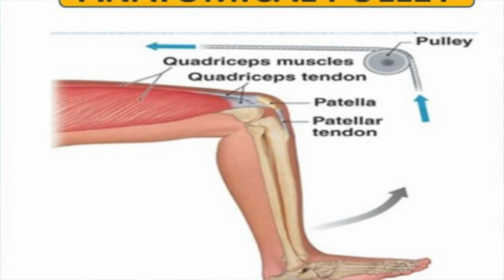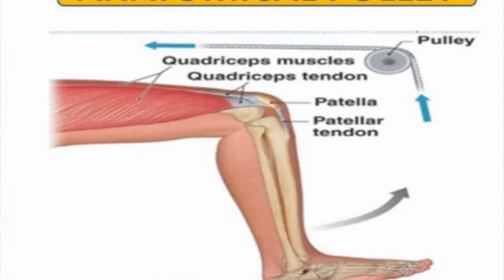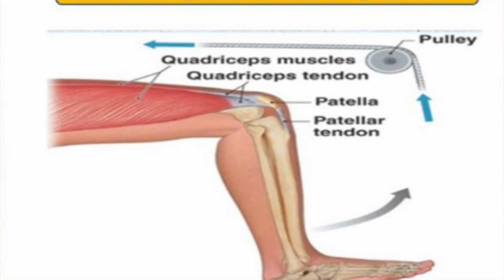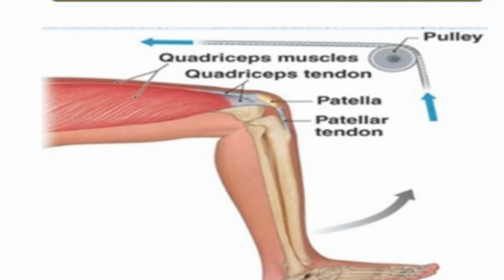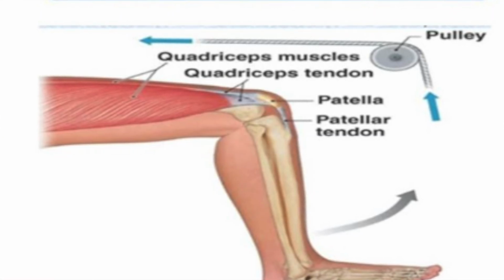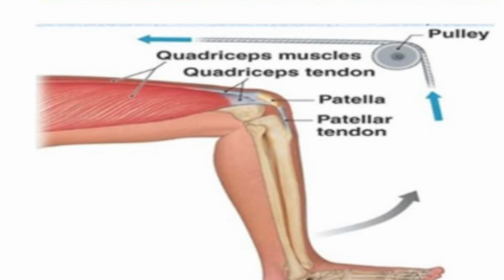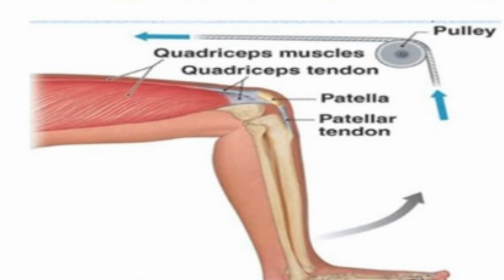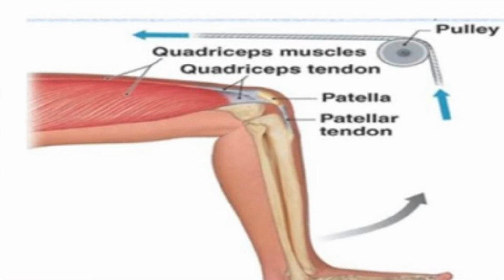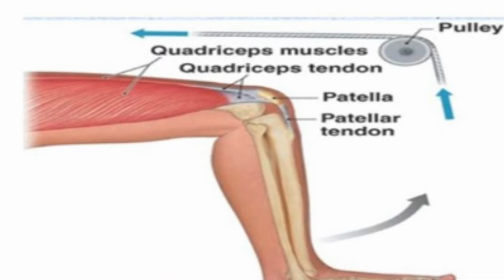Now, the reason that works, as you can see in this diagram, it functions in what we can call an anatomical pulley. So let's use the thigh muscles as an example, what we would call the quadriceps muscles. At the end of the quadriceps muscle is the quadriceps tendon, the MTU, musculotendinous unit. At the end of that quadriceps tendon is the kneecap, or the actual patella bone.